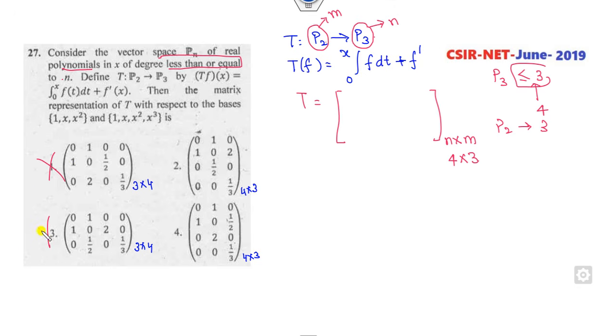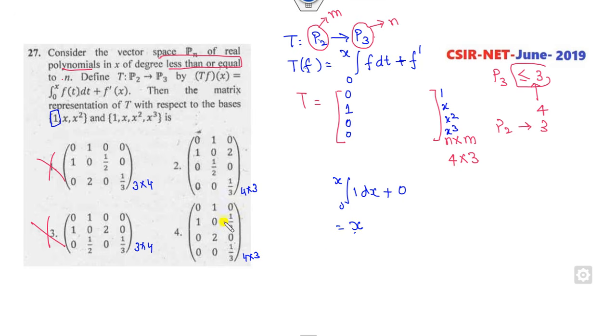So the first option and third option cancel out. Fine. Now look at that. We can take any of the bases from P2, that is 1. If I substitute here, what is the integration of 1 dx? It is x. What is the derivative? It is 0. So if I consider the basis of P3, 1, x, x square, x cube, this is x, so that's the second. So the second value will be 1, the rest are all 0.